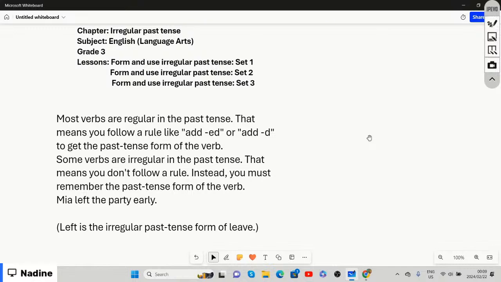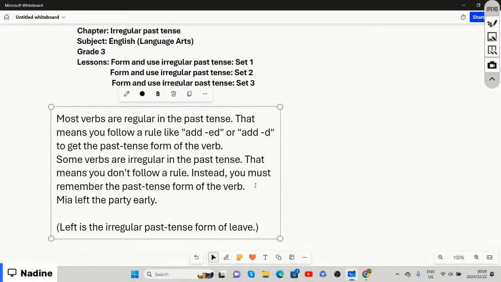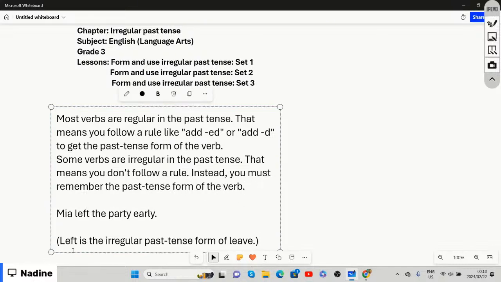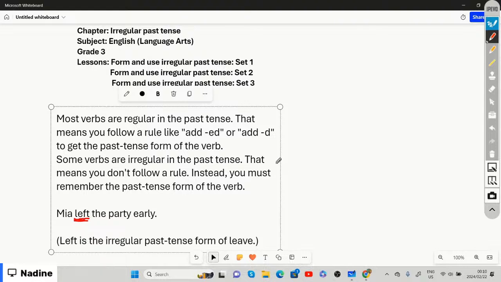So, for example, Mia left the party early. So left is our irregular past tense, and the present tense of left is to leave.